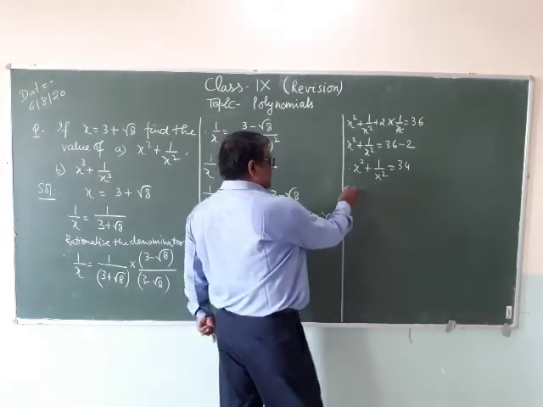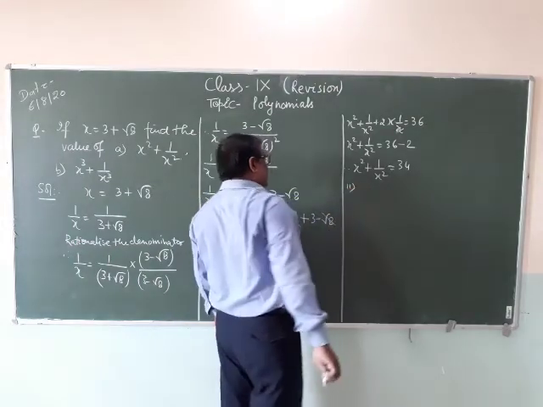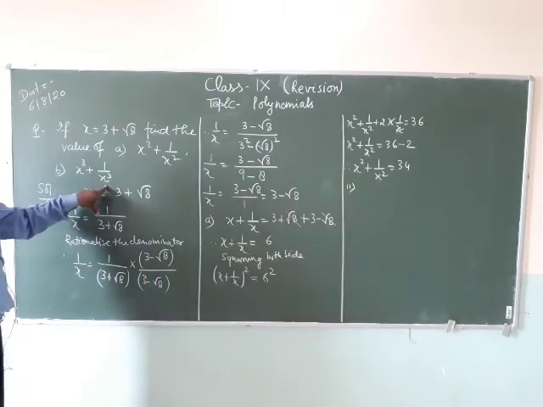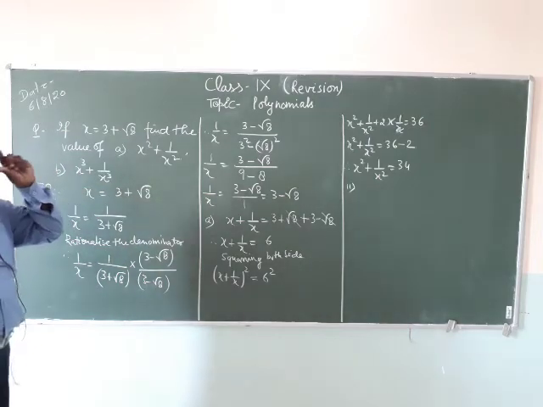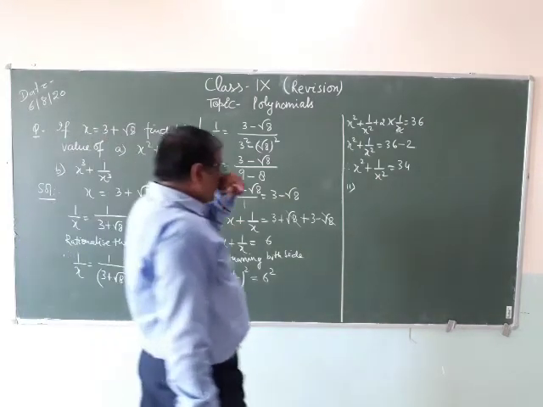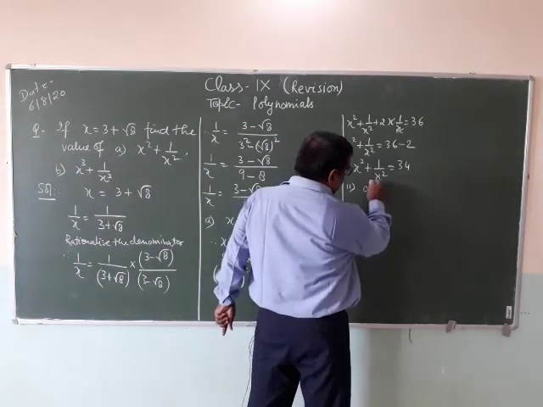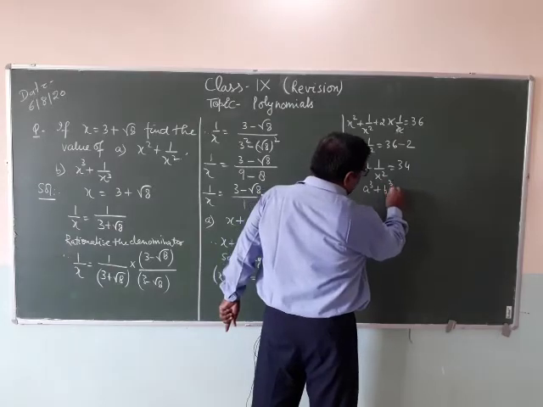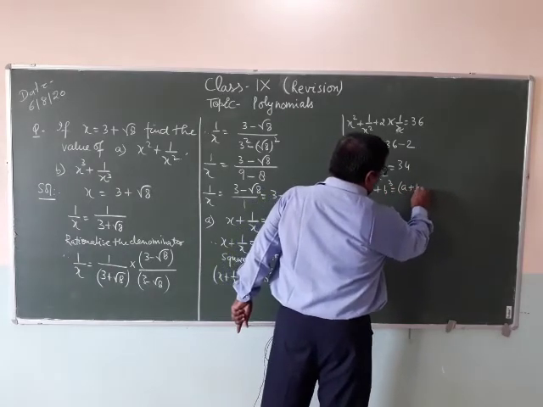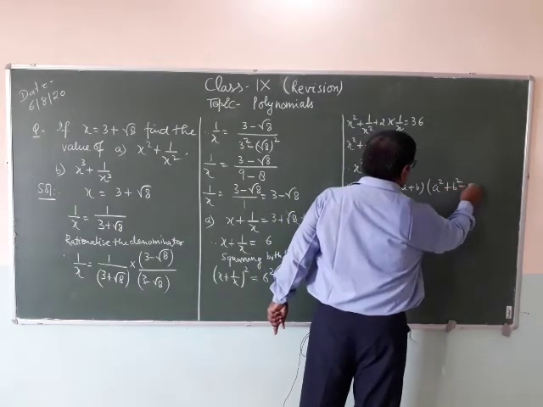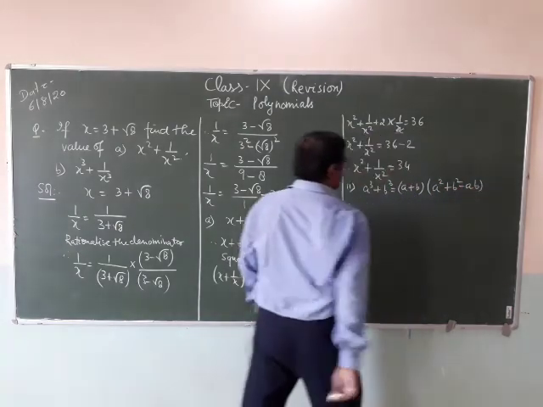And now the second: we have to find x cube plus 1 by x cube. First of all, we write the formula. We know that a cube plus b cube is equal to a plus b, in bracket a square plus b square minus ab.